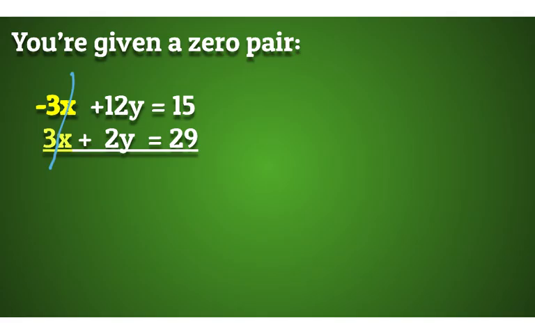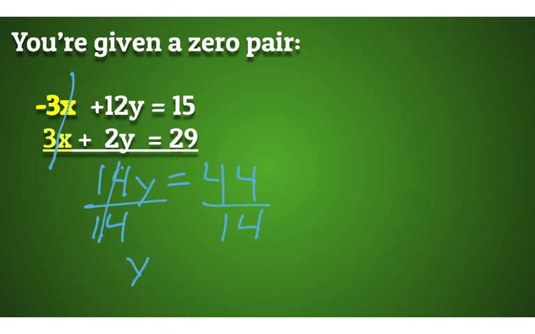So I have plus 12y plus 2y, so I'm left with 14y equals 15 plus 29, and that's going to be 44. And the last thing I'm going to do is divide the 14 on both sides. That's going to leave me with y equals around 3.14.